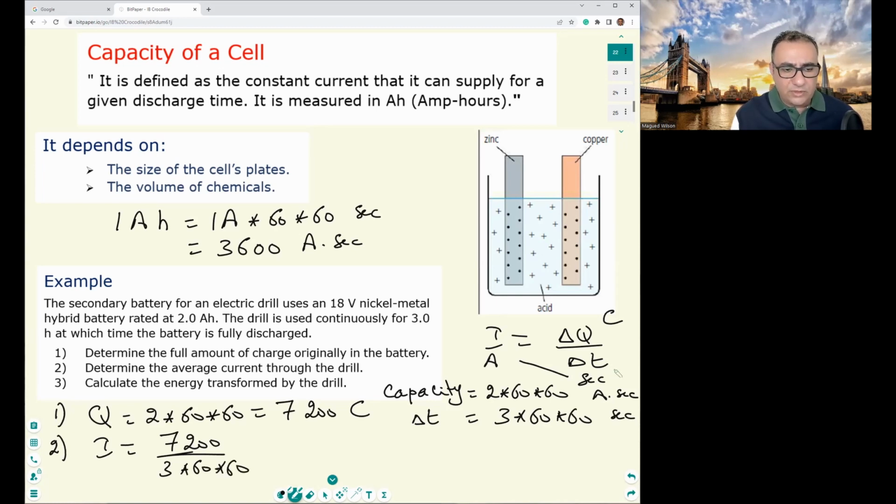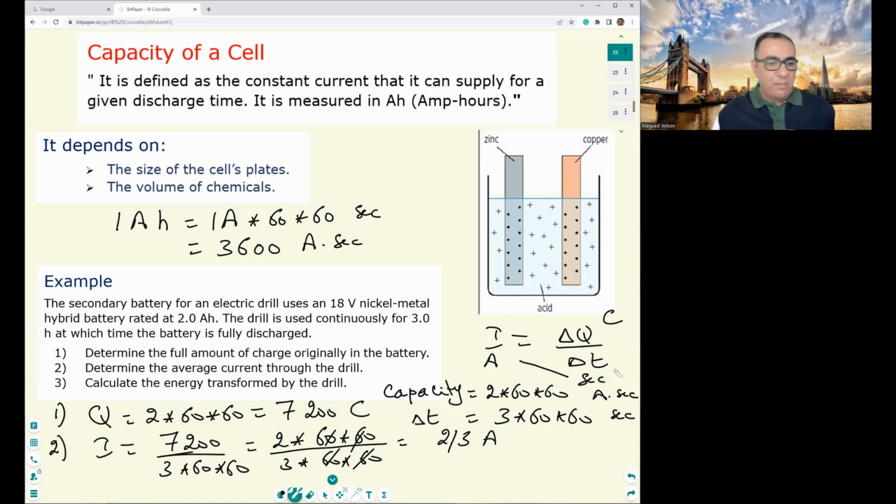Obviously, I could do a smart move here: keep 2 times 60 times 60 on top, I don't have to put the final answer, and then I can just cancel 60 and 60. So the current is 2/3 ampere.